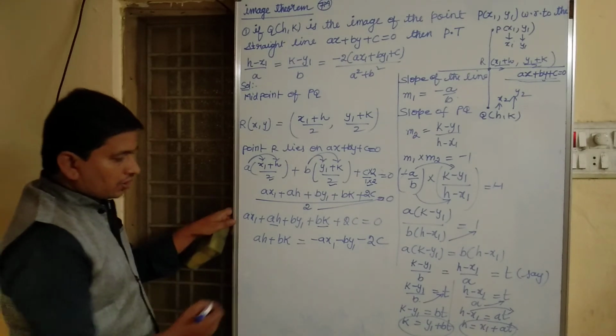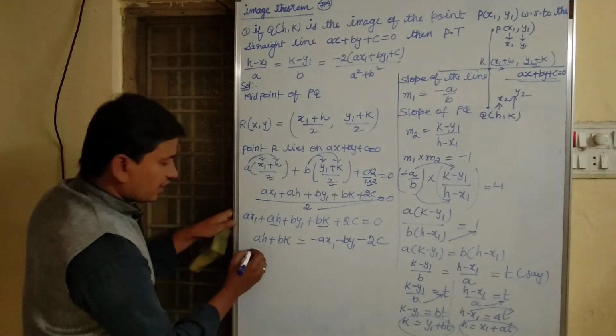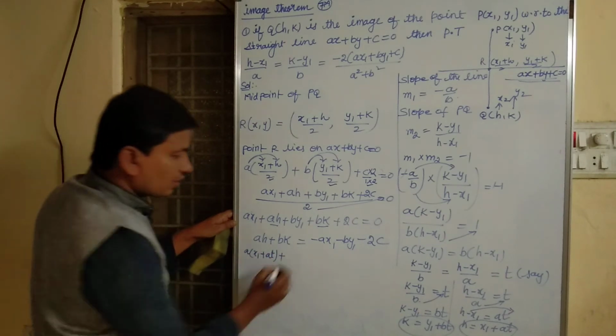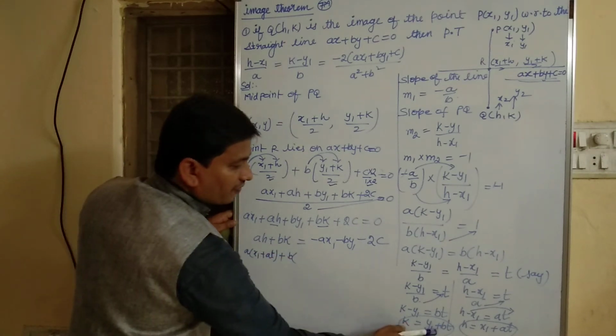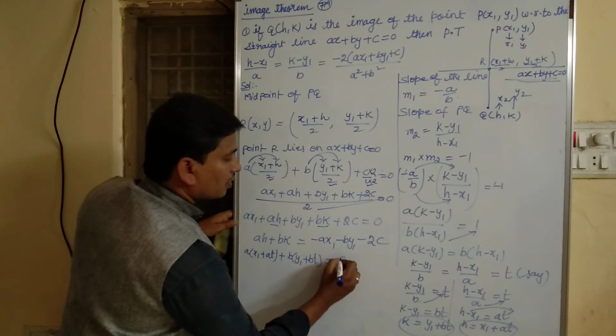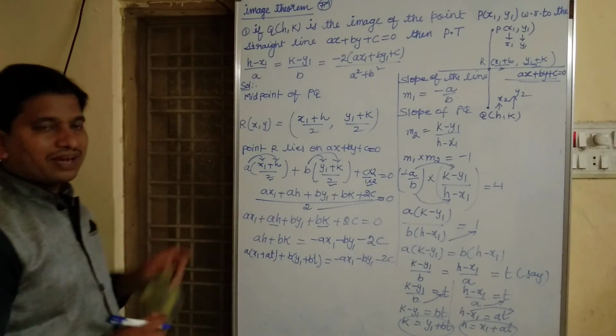So see, children, here a into, we got h value, what? H value is x1 plus at, plus b into, what is the value of k? K value is y1 plus bt, is equal to minus ax1 minus by1 minus 2c.